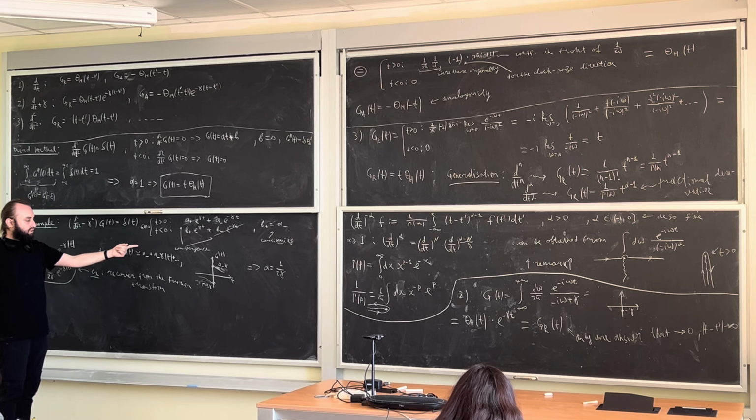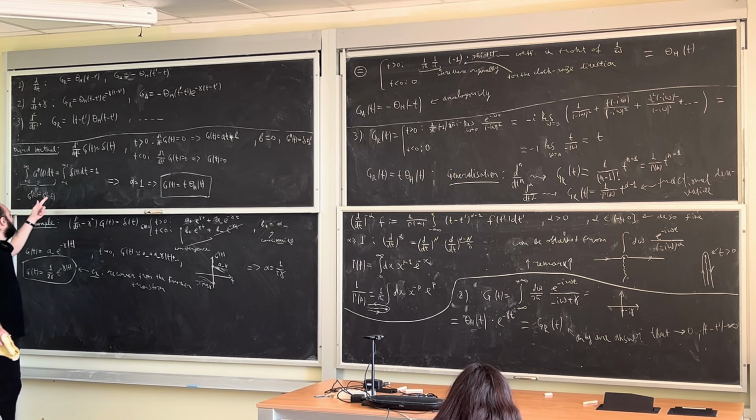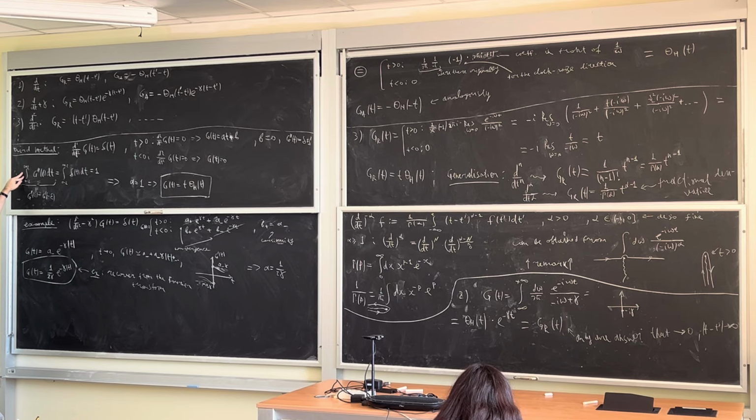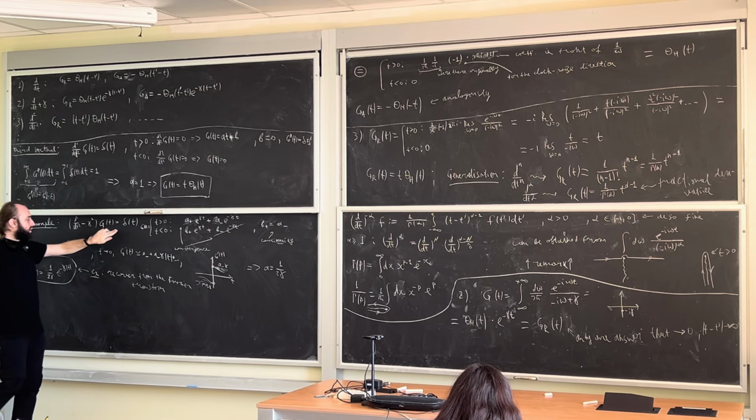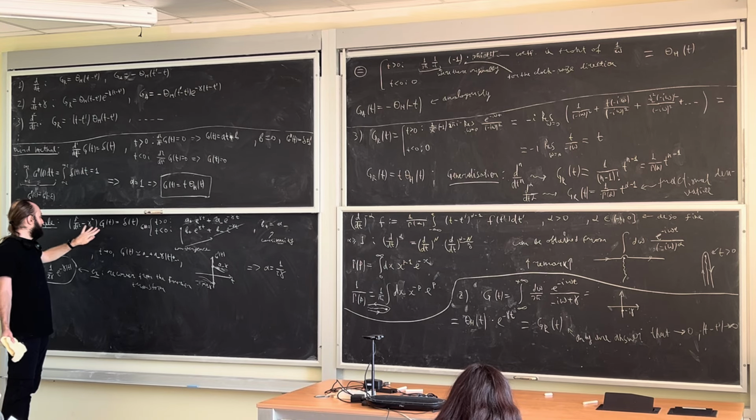So you compute the discontinuity of this Green function, and then look at the previous computation to know what the discontinuity should be. We can do absolutely the same with this equation. We can integrate it from minus epsilon to epsilon and see that the right hand side gives 1 and the left hand side gives the discontinuity of g prime.